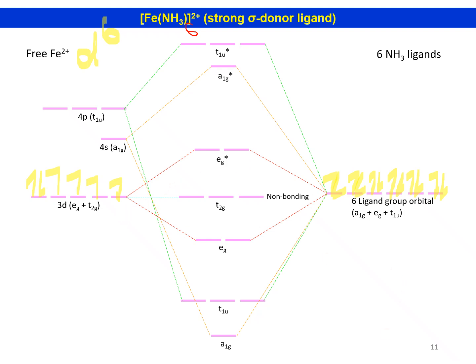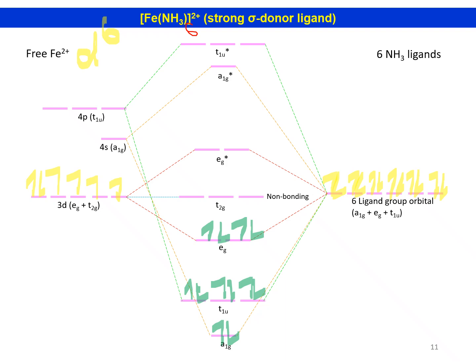So these electrons from the ligand group will fill in the A1G, T1U. So altogether, the 6 ligands, the electrons from the 6 ligands, occupy A1G, all 3 T1U, and all 2 EG level.